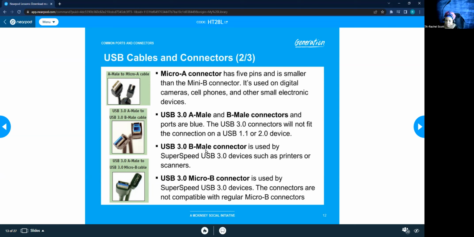And the micro B connector, when you look at this connector, it looks like a B. You could draw a B around it so you can remember that shape. I say this because you're going to see diagrams that we have you label, where you're going to label the connectors as you see them. So it's just little tips to help you identify the connectors.